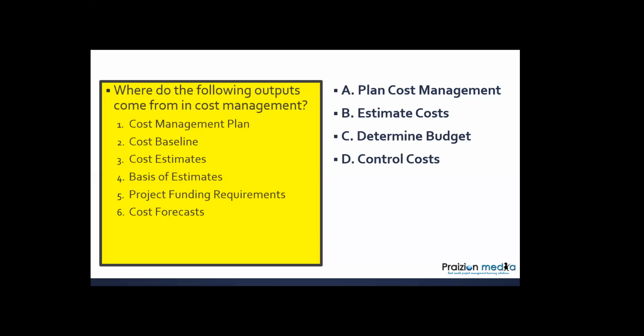As you can see, most people chose D, and that is because cost forecasts are forecasts based on current conditions. We use the term forecast in the PMBOK guide to talk about stuff based on what is happening now. So it could be, what is the schedule forecast? It has to be based on the project being in the executing, monitoring, and controlling stages. When we use the word forecast, we're not talking about planning. If it was a plan or a baseline, we would use the term plan or baseline. For forecast, it means work has started.